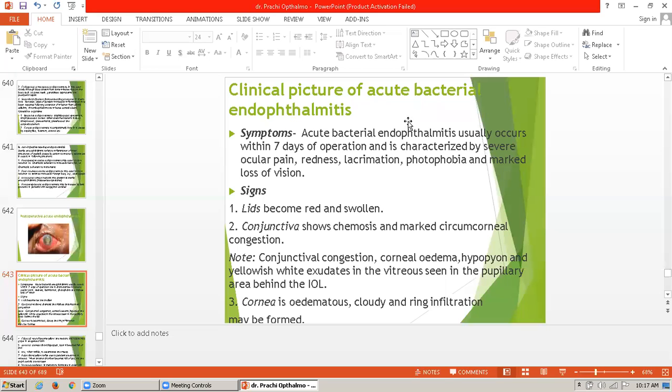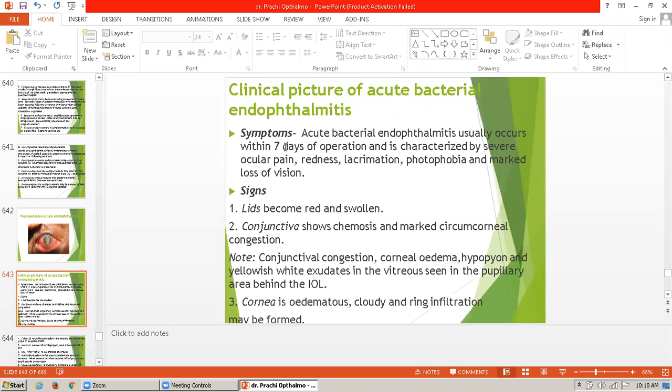The symptoms usually occur within 7 days of the operation, so it is acute. It is characterized by severe ocular pain, redness, lacrimation, photophobia, and marked loss of vision.